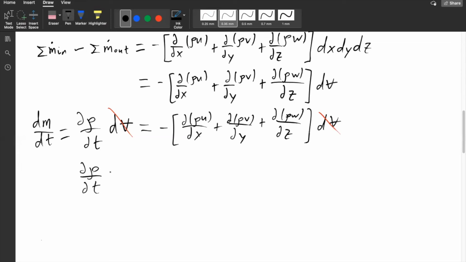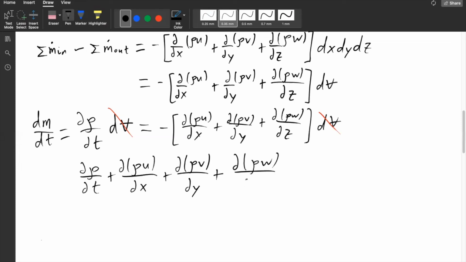Partial rho partial t plus partial rho u partial x plus partial rho v partial y plus partial rho w over partial z, which equals out to be 0. So this is our mass continuity equation. This is our continuity equation that we have derived.